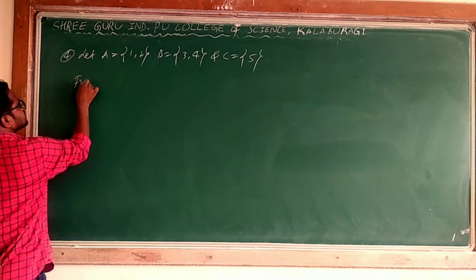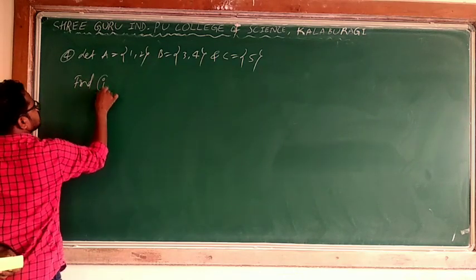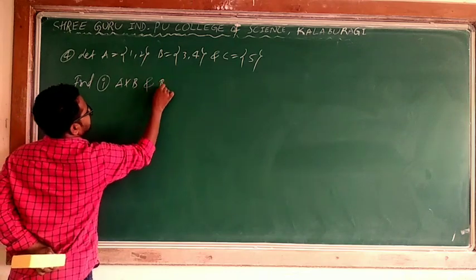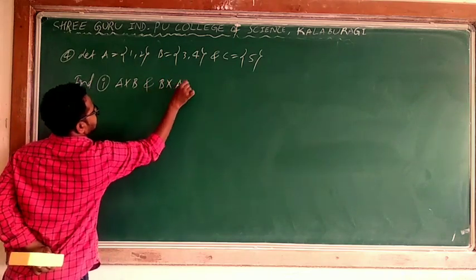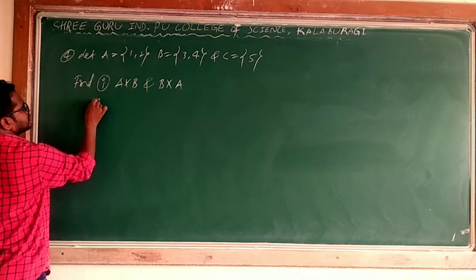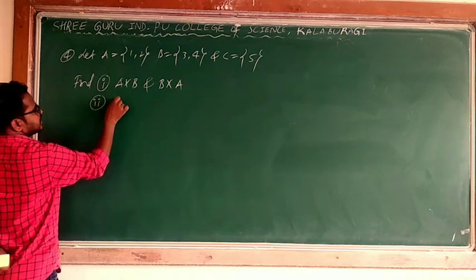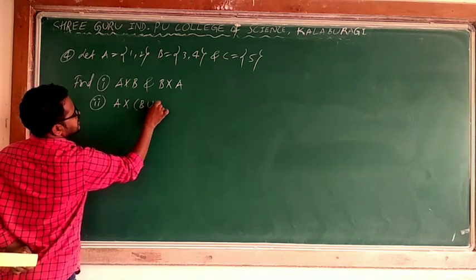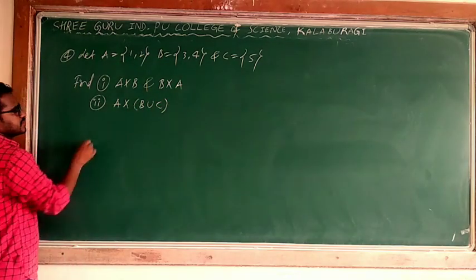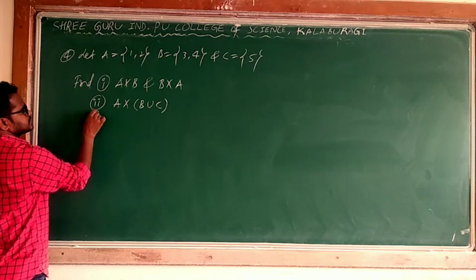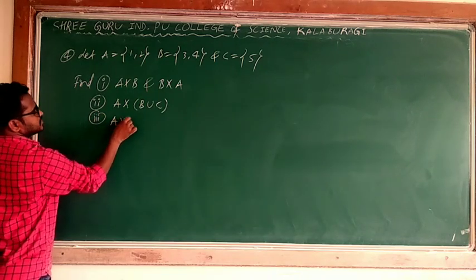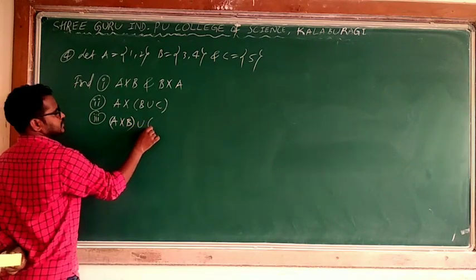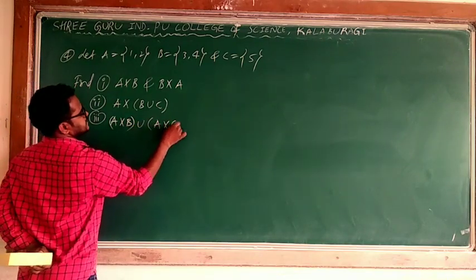Find first, A cross B and B cross A. Second, we are finding A cross (B union C). And here I am finding (A cross B) union (A cross C).